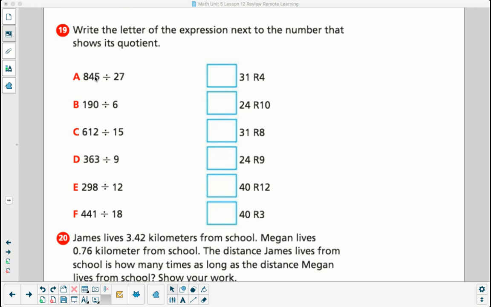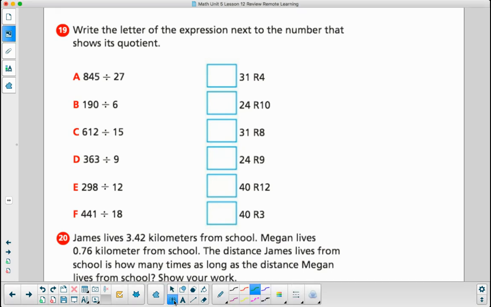So in A, I'm going to take a look at A, and I think of 845 divided by 27. Well, 27 is close to 30, which is easy to divide by. And 8 is divisible by 3. And the closest multiple of 3 to 8 is 9.